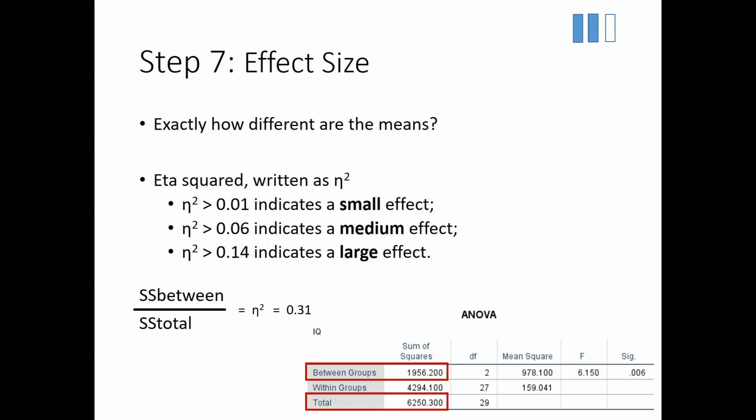But no, it's not relevant. Remember the purpose of ANOVA: the purpose of analysis of variance is to determine if there are differences between the group means. So no, we're not considering an eta squared for within.